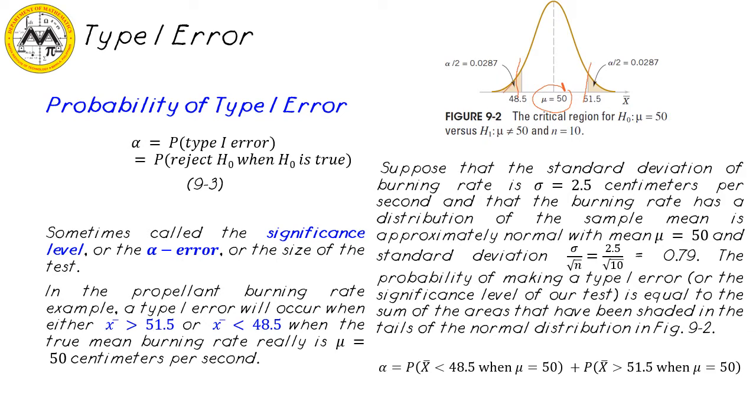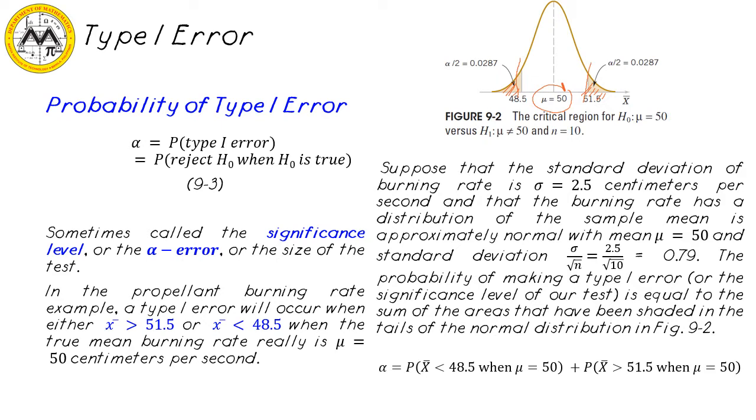If it is falling below 48.5 or greater than 51.5, that would be the critical region. So we commit type 1 error if it is true that the mean is 50, but the computed sample mean falls below 48.5 or greater than 51.5.